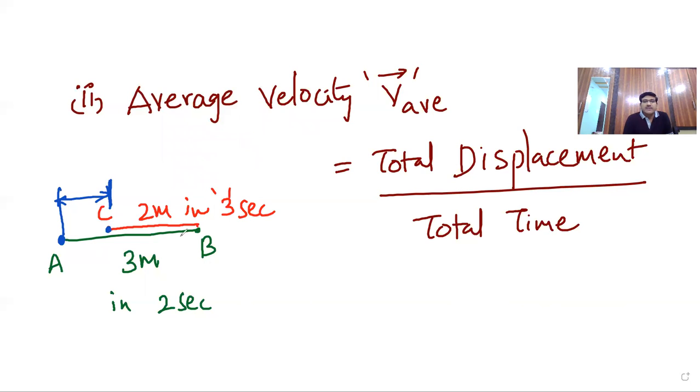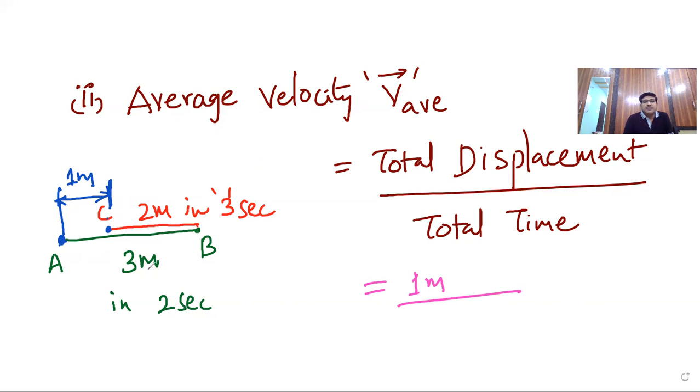So out of 3 meters, if I deduct 2 meters, what is the distance AC? AC is 1 meter. The initial point is A, the final point is C. The displacement is 1 meter.